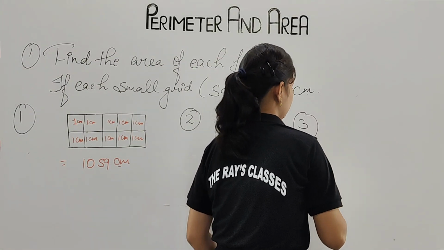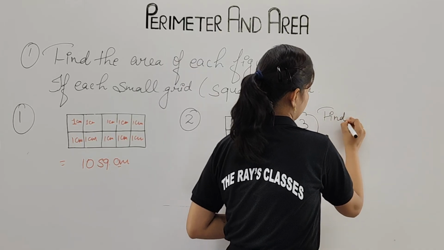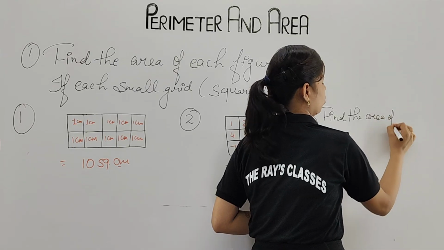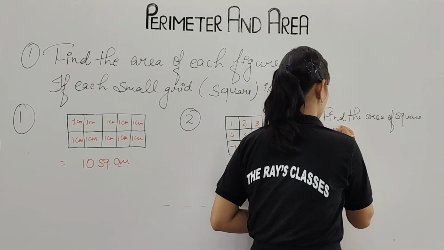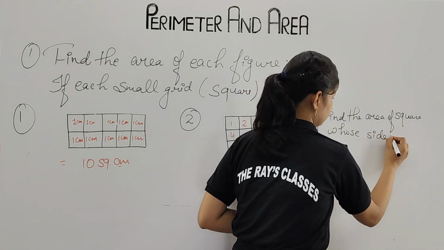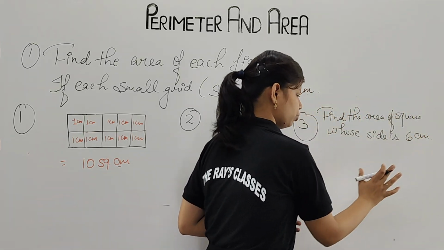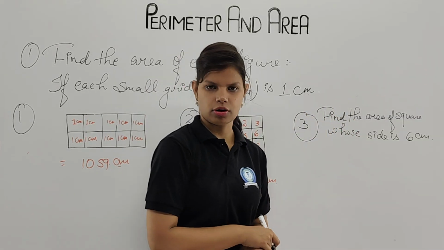Your question is given: find the area of a square whose side is 6 centimeters. Now, no need to draw any figure. Simply the numerical is given and you have to solve it.